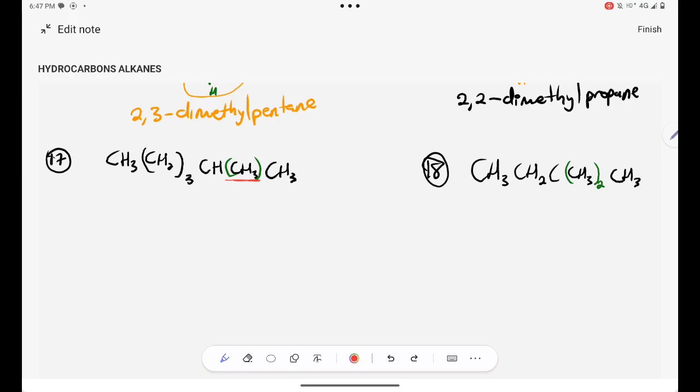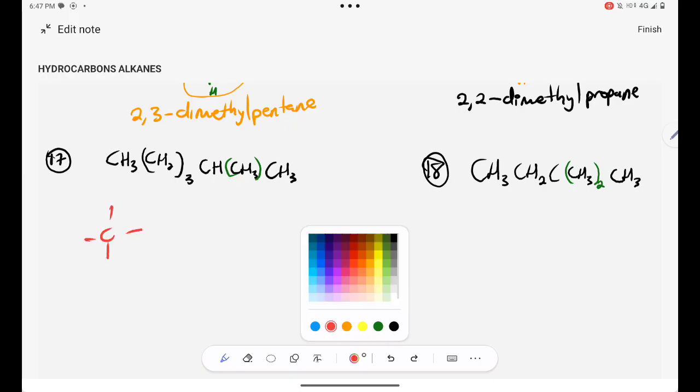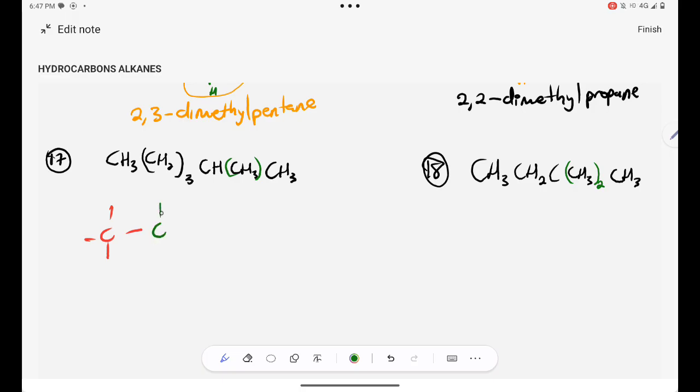You simply have CH3, and then CH2, CH2, and another CH2. Are we together? And then you will have your CH with the CH3 there, and then your CH3 at the end. Guys, I'm lazy to write the hydrogens, but you are dealing with hydrocarbons, so we have hydrogens all over.